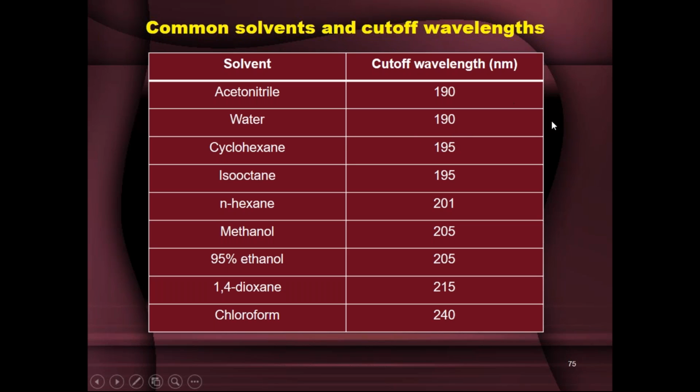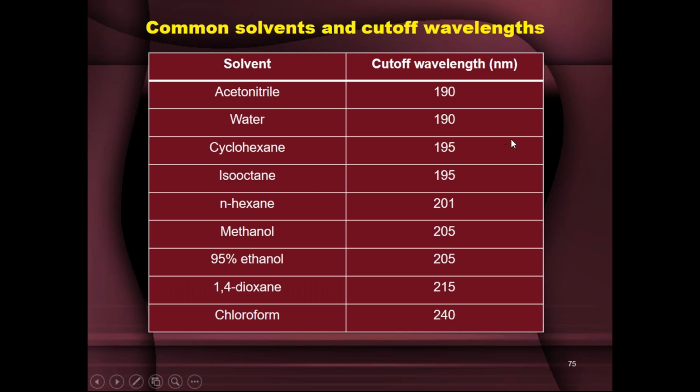That means above 190 nanometers, water will not absorb UV visible radiation, so it can be very easily used as a solvent for observing UV visible spectra. Similarly, acetonitrile can be used very easily above 190 nanometers. It will show no absorption in that region.